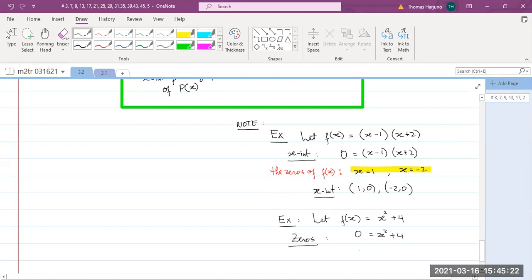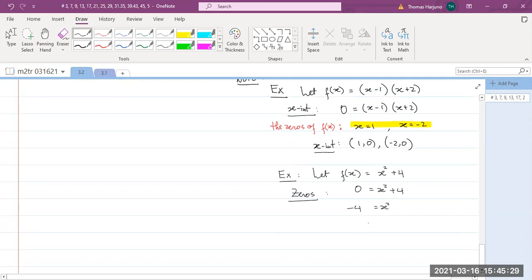Negative 4 equals x squared. So x equals plus or minus the square root of negative 4. X equals plus or minus 2i. So x1 is 2i, x2 is negative 2i.